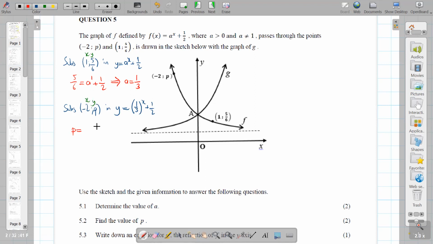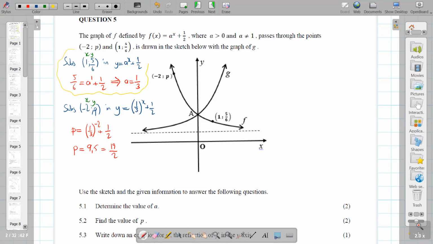So p is equal to (1/3) to the power of x, which is -2, plus 1/2. The first one gives me 9, since 3 to the power of -2 inverted is 9. 9 plus 1/2 is 9.5, or you can say 19/2. So those are the first 2 questions.